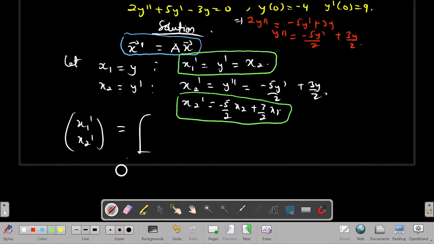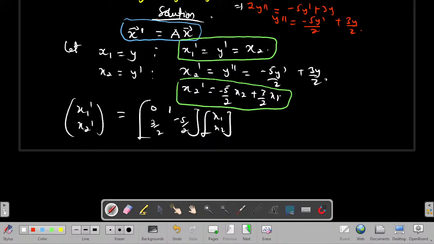So I'll extract the derivatives first, x1 prime, x2 prime, then the second one will be the coefficient matrix, that is the A. When I come to my first equation, realize that I have only x2 present, meaning my x1 coefficient is 0, so 0, 1. Then in my second equation, my x1 coefficient is 3 over 2, and my x2 coefficient is negative 5 over 2. As simple as that. Then it will multiply x1, x2.